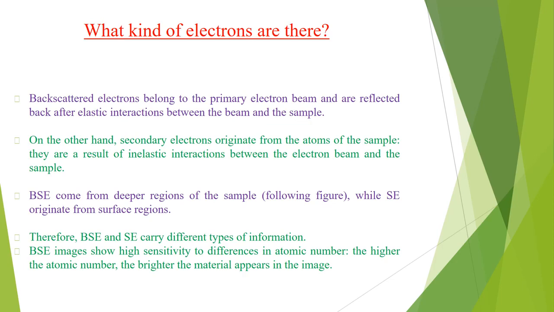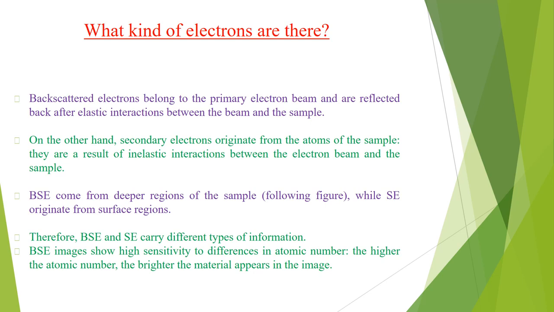Secondary electrons, on the other hand, originate from the atoms of the sample, as a result of inelastic interaction between the electron beam and the sample. Backscattered electrons come from deeper regions of the sample, while secondary electrons originate from surface regions.